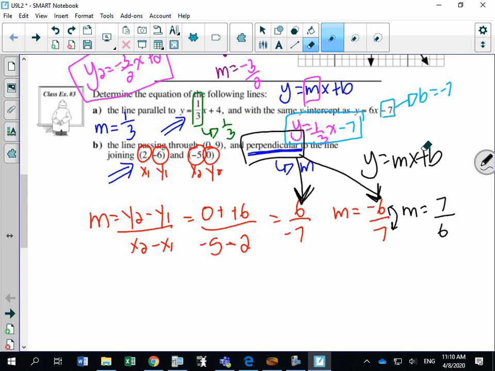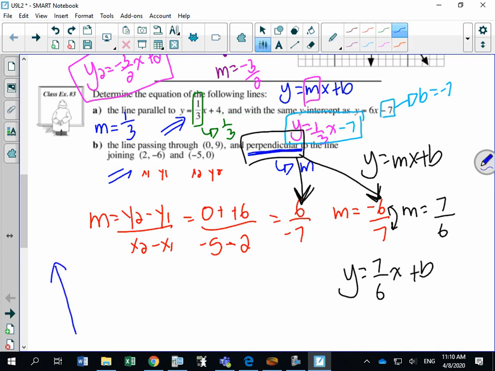So now I have my slope, right? My slope is 7 over 6. So y is equal to 7 over 6 x plus b. The only thing I'm missing is that y-intercept. If you go here, they give us a point, 0, 9.